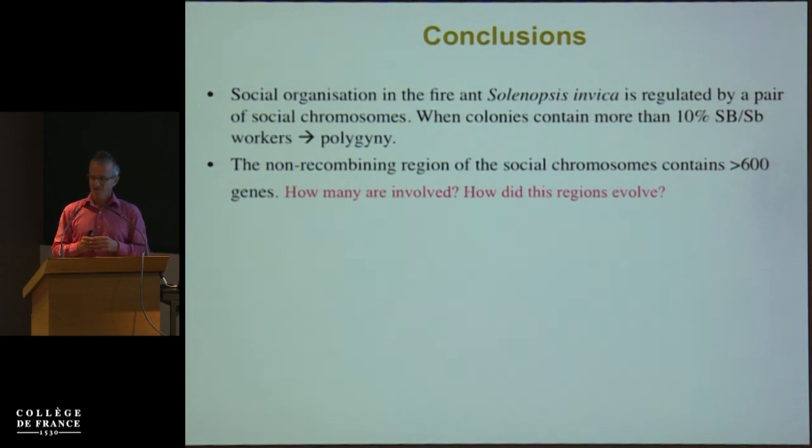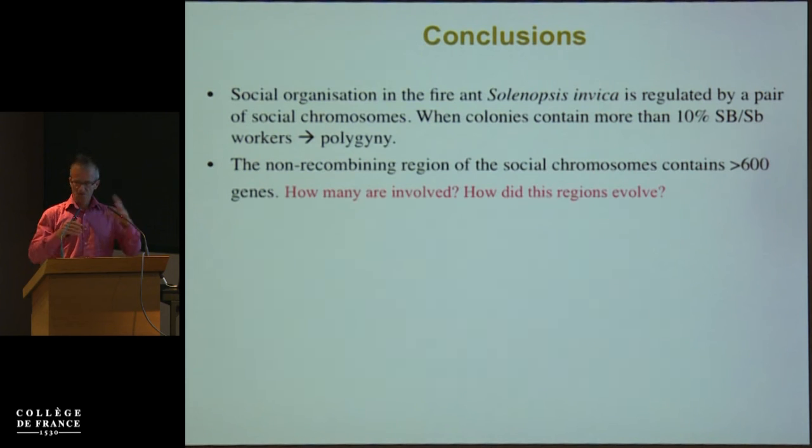We know that there are several other genes which have been duplicated on the small b haplotype, which could be important for different behavior of workers and different order of the queens. So we may try to disrupt them.